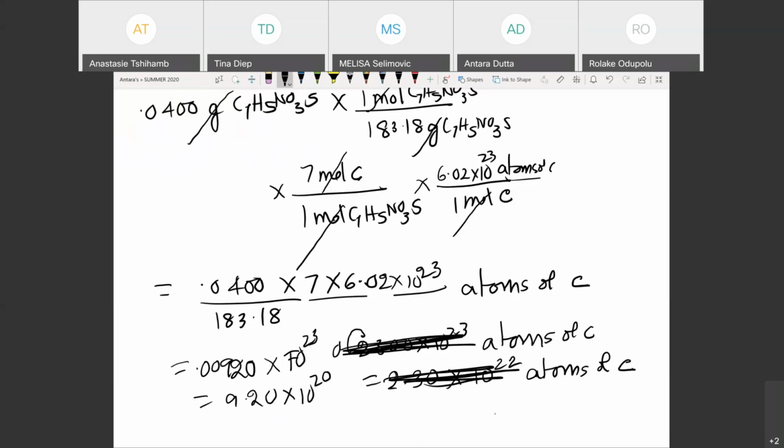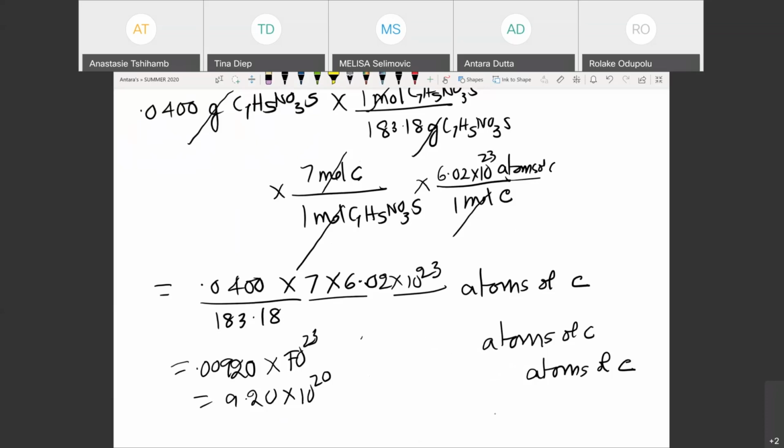Hold on 1 second. Okay, now I got. Is that 0.0400? 0.0400, yes, correct. I got 9.20 times 10 to the 20. Anybody else? Something slightly different?